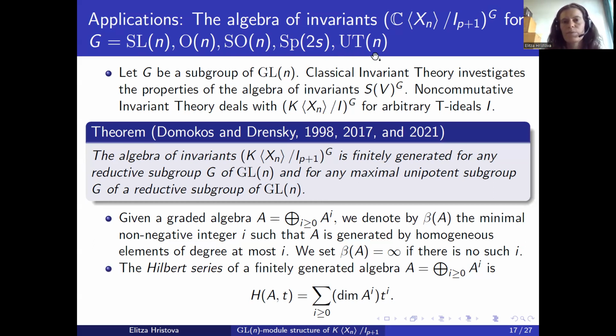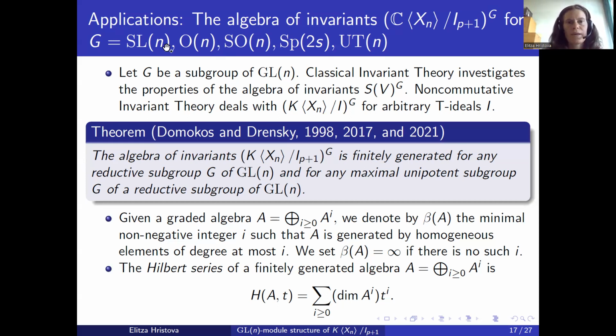This is the subgroup of GON of all upper triangular matrices with ones on the diagonal. So the first 4 of these groups are reductive, and the last one is a maximal unipotent subgroup of GON.